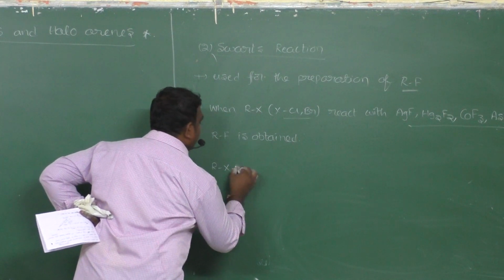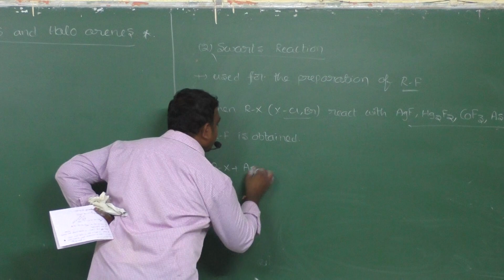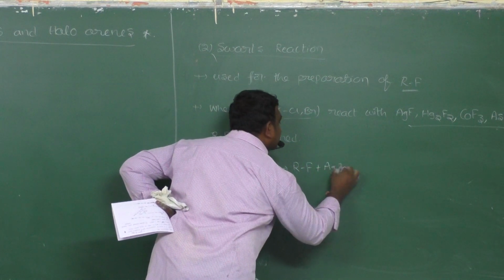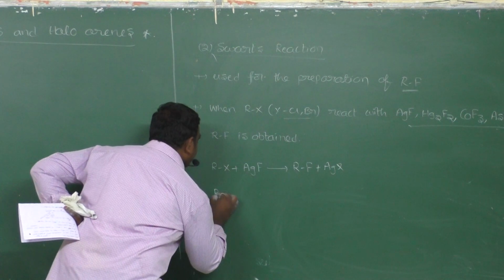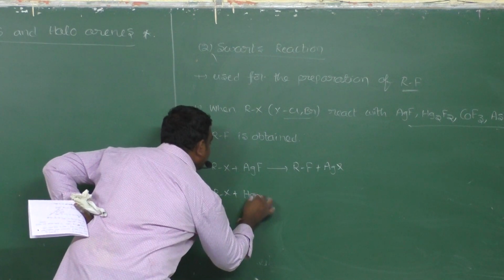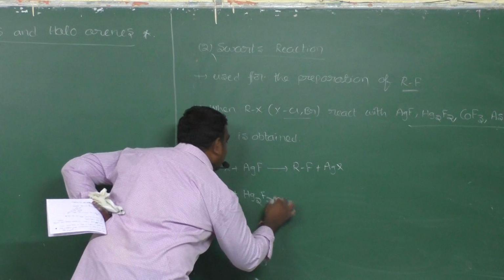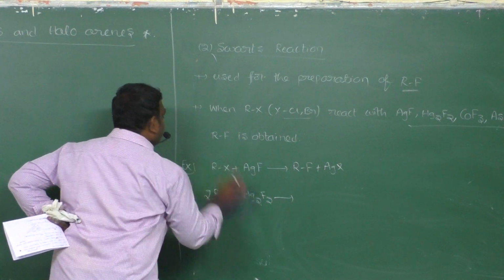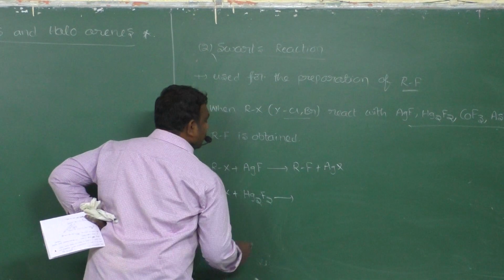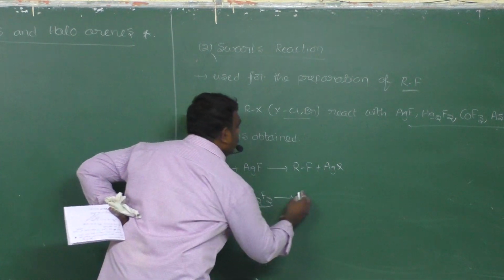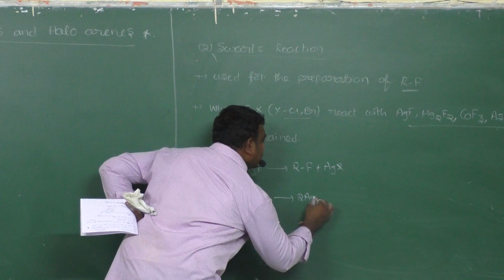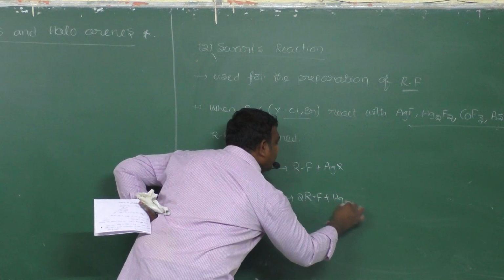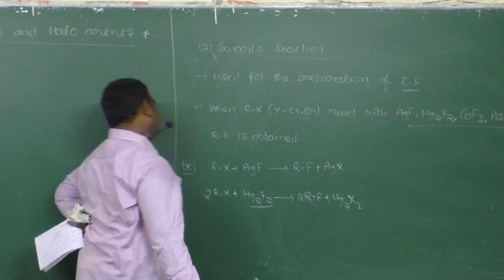Here, if you take silver fluoride, R-F plus AgX is formed. If you take the mercurous fluoride Hg2F2 compound, then 2 moles of alkyl halide react with 1 mole of mercurous fluoride and form 2 moles of alkyl fluoride and 1 mole of Hg2X2.